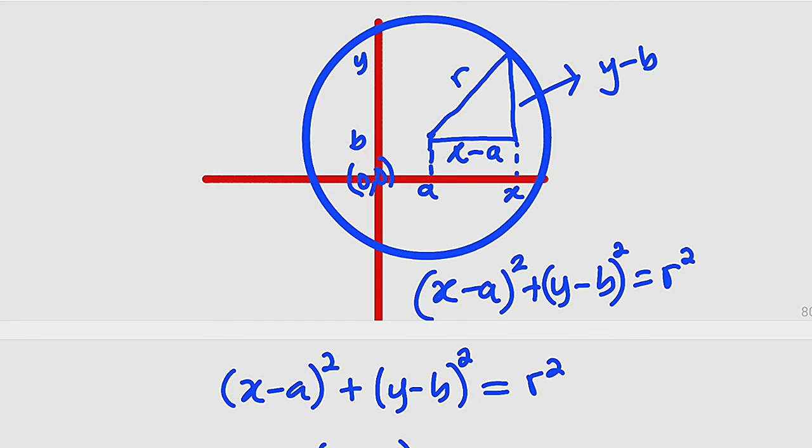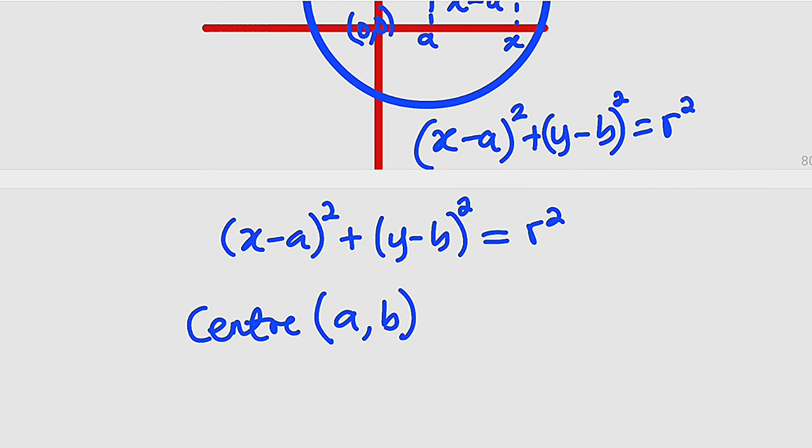Remember that from here you can see we have the coordinate here at a, comma, b. If you don't have the graph, you can always take this value and set it equal to 0 and solve for x. That will give us a for x and b for y. And the radius is equal to r. So you need these two pieces of information in order to construct any circle.